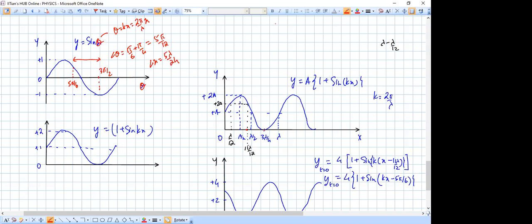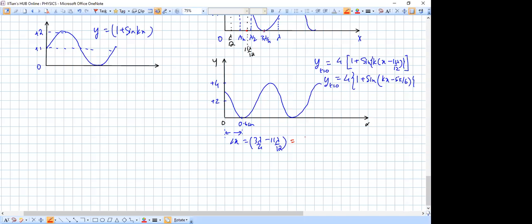It's basically lambda by 4 plus lambda by 12. Okay, so that is equal to 0.6 centimeters. So my lambda is how much? 24 into 0.6 divided by 5.